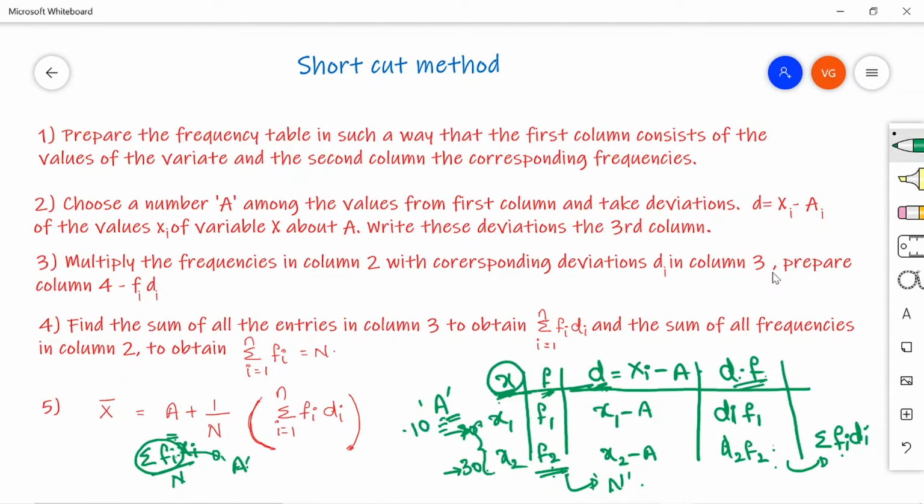In the direct method, you are taking sigma fi xi divided by n. In the shortcut method, from each value of xi I am going to subtract a. That full thing, xi minus a, we are calling d, sigma fi di, right? As I have subtracted a, I am adding a here. Divided by n is common. So that is nothing but this formula here.